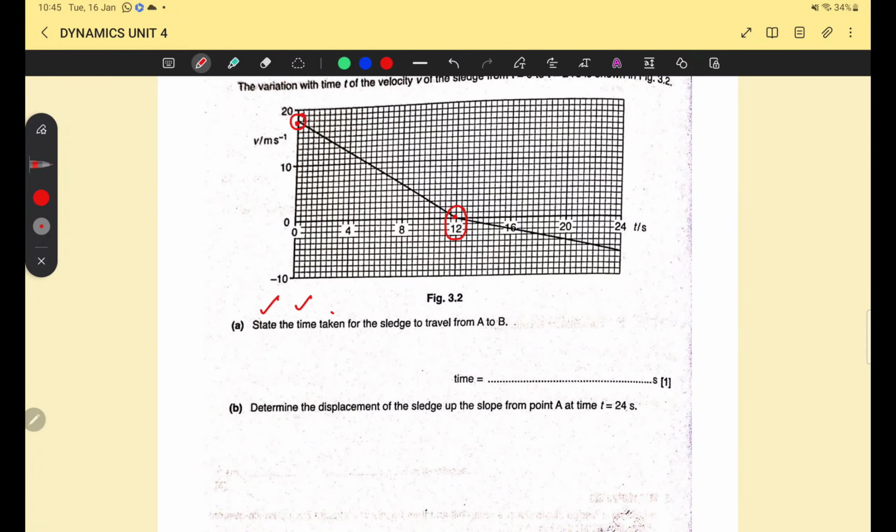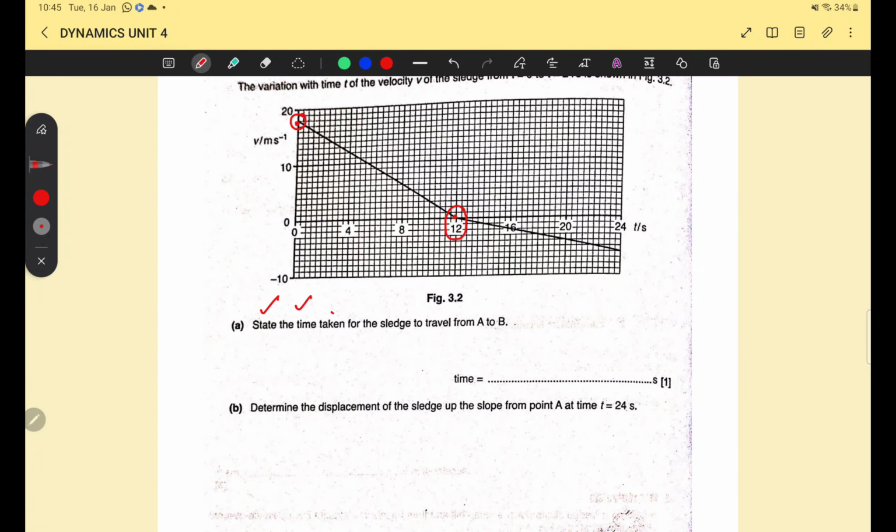And this is the graph. They are asking to calculate the displacement of 24 seconds. First I will calculate the displacement of the first 12 seconds, and this can be calculated by using the area of a triangle.